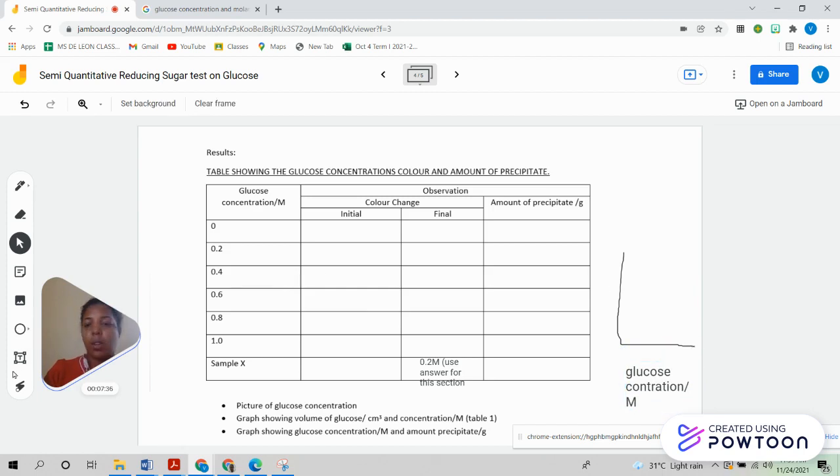And on this side, you're going to put the precipitate, or amount of precipitate, in grams. Okay.